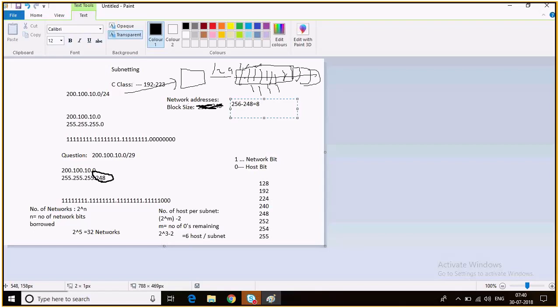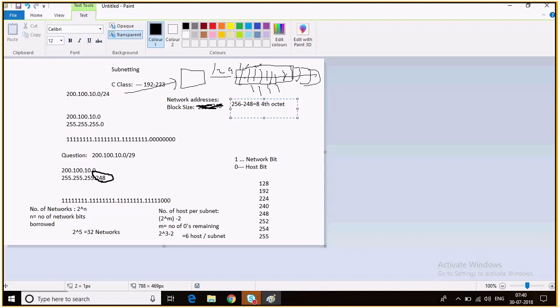When I write 8 here, I also have to remember for which octet I have calculated this block size. The block size is calculated by marking the fourth octet as the interesting octet, so I'll write it as fourth octet.